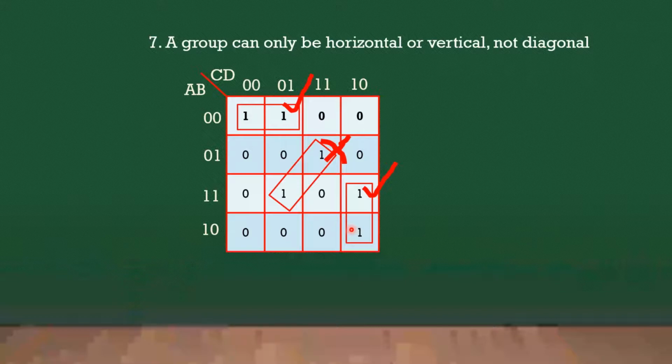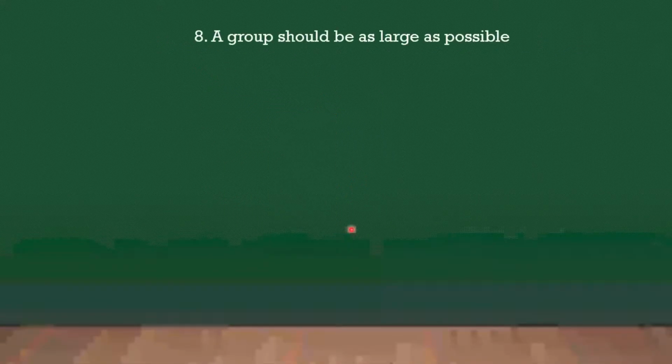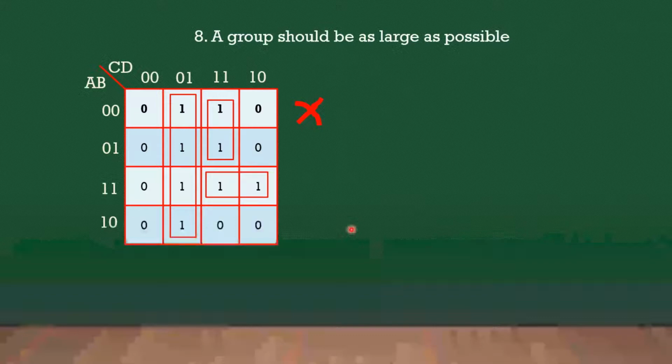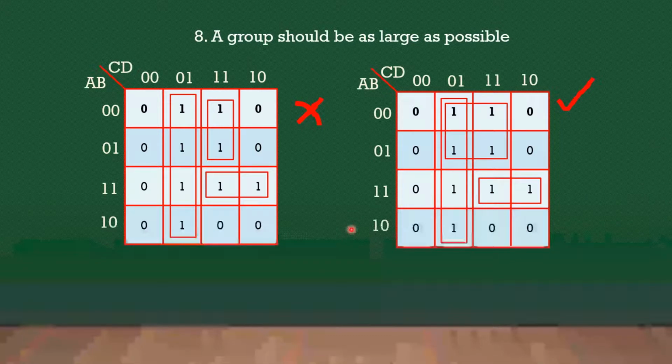Okay, let's see the eighth, which is the last. A group should be as large as possible. Here, this grouping, okay, this grouping, okay, this grouping, okay. But what's not okay? A group should be as large as possible. Here, 1, 1, we can still group with other 1, 1 because overlapping is possible.